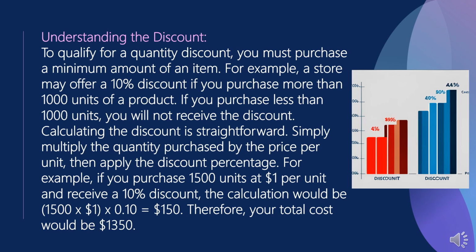Calculating the discount is straightforward. Simply multiply the quantity purchased by the price per unit and then apply the discount percentage. For example, if you purchase 1500 units at 1 rupee per unit and receive a 10% discount, the calculation would be 1500 into 1 into 0.1, which is 150 rupees as the total discount.